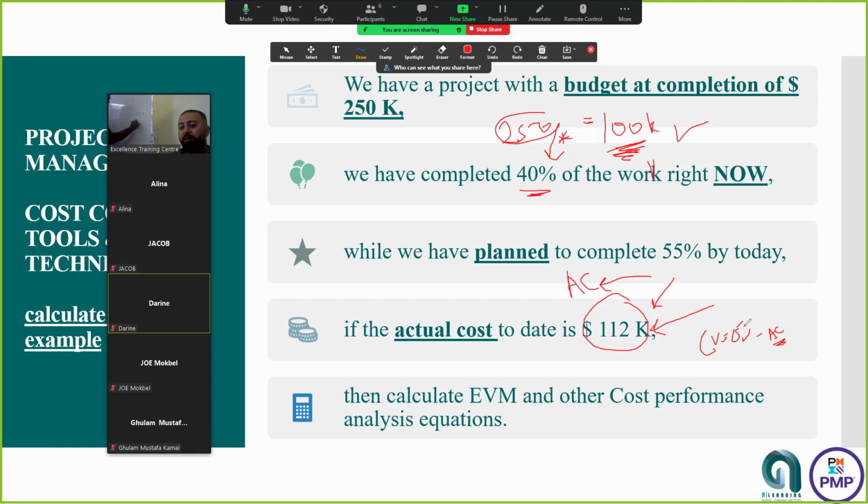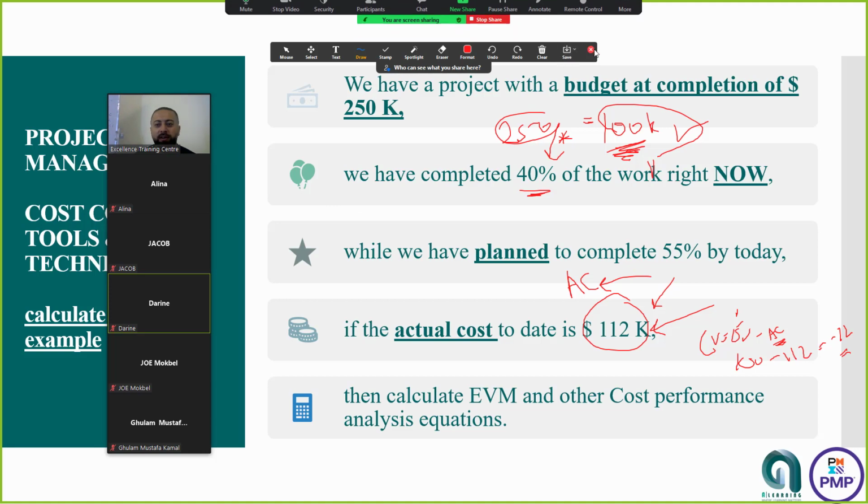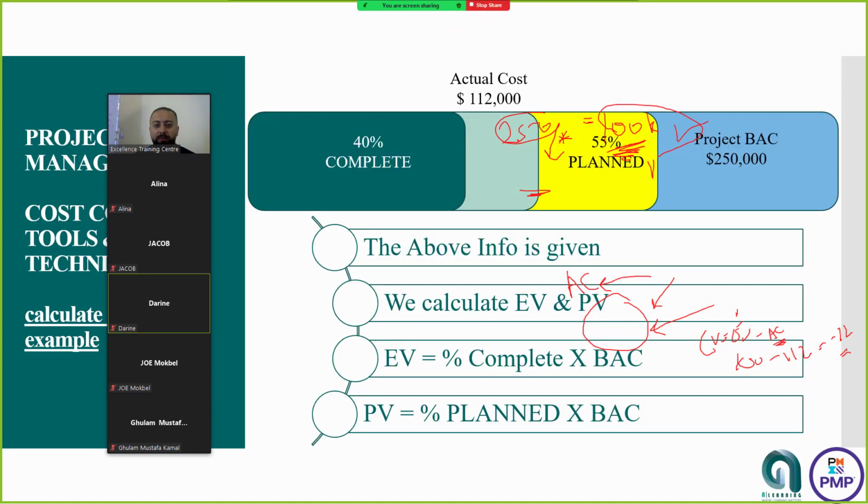The AC is given, the EV you have calculated, and you have done 100 minus 112, which equals minus 12. Minus 12 is negative, which is less than 0, a negative impact on the cost, which means we are with a cost overrun. Perfect. Thank you so much. So let's do some analysis, guys, together very fast so I can complete the explanation.